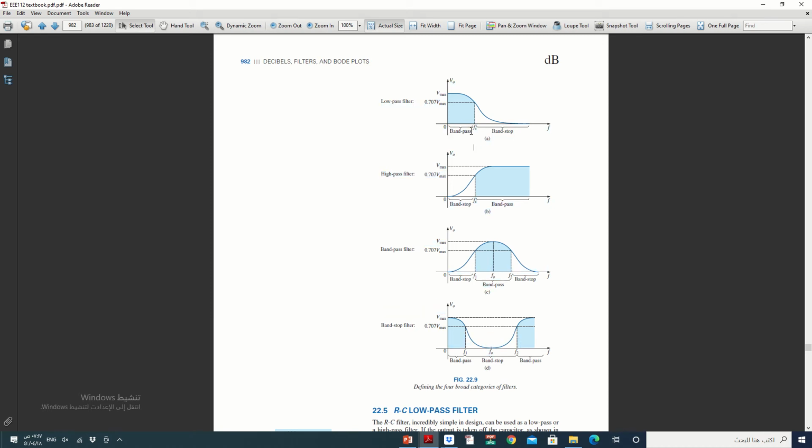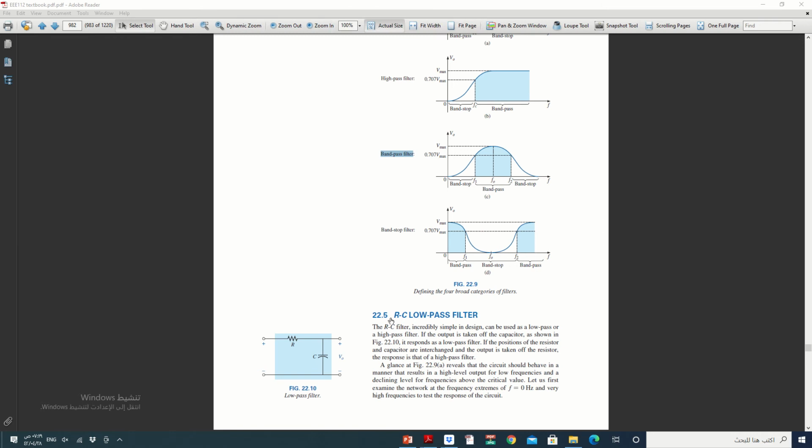High pass will allow frequencies from the cutoff frequency and more. Band pass will allow the frequencies from F1 until F2 only, and the others will be rejected. Band stop filter will allow from 0 to F1 and from F2 and more.